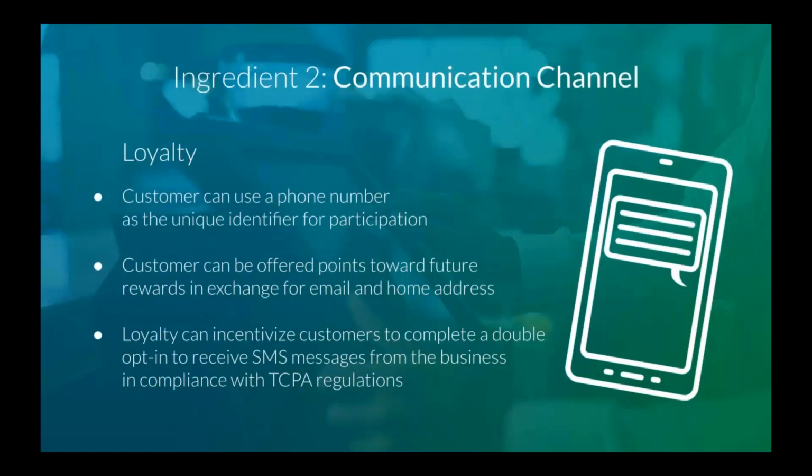In the case of the loyalty program, you can use a shopper's phone number as the unique identifier for participation, very similar to any big box retail experience. By capturing their phone number, you can now actually begin to build an SMS channel for communication. Using your new points-based loyalty currency, you can now trade points for a shopper's email, maybe an address or a birthday, creating a robust set of communication channels.